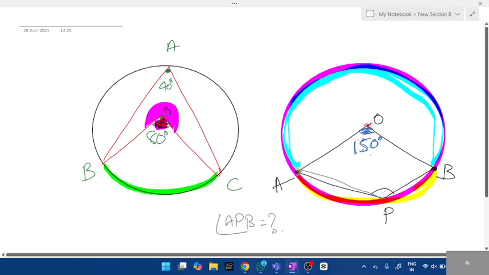Yes, give me the answer. How will you find angle APB? So it should be 360 minus 150. Correct. So in order to find APB, students, we don't need this 150.